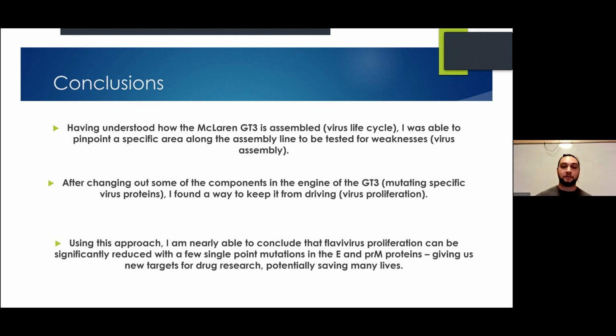I found a way to keep the virus from making itself. I then used this approach across the board, and I'm nearly able to conclude that flavivirus proliferation can significantly be reduced with a few single point mutations in both the E protein and the prM protein, giving us new targets for drug research and potentially, hopefully, saving many lives.